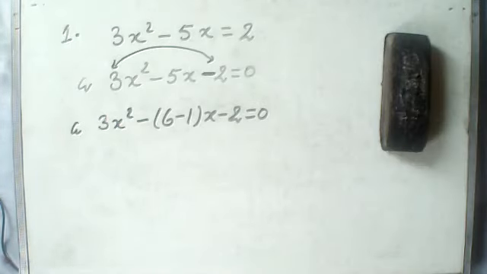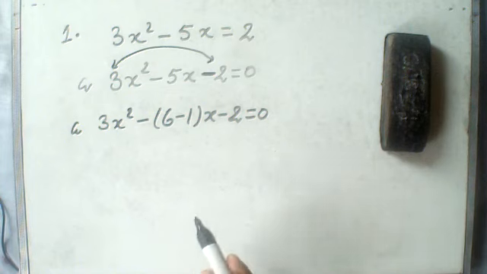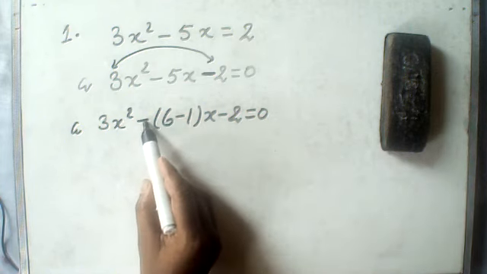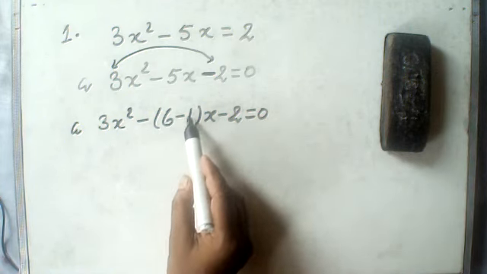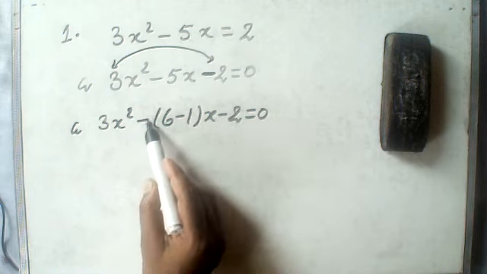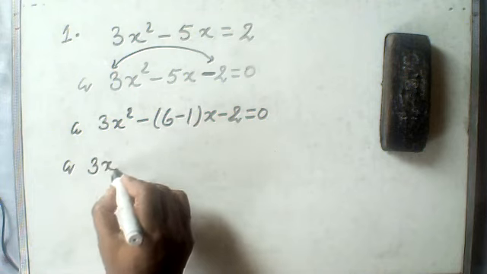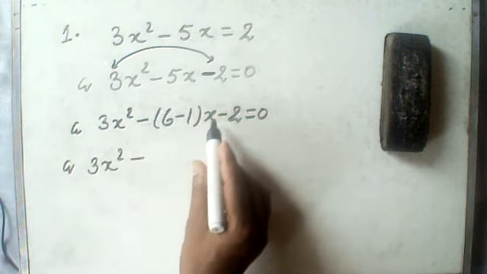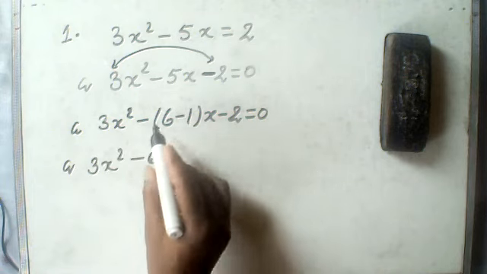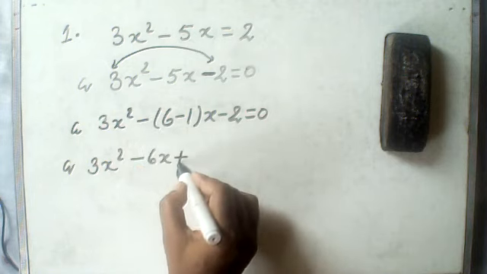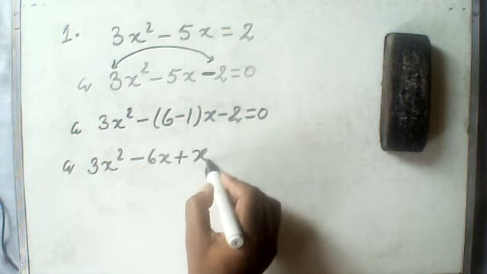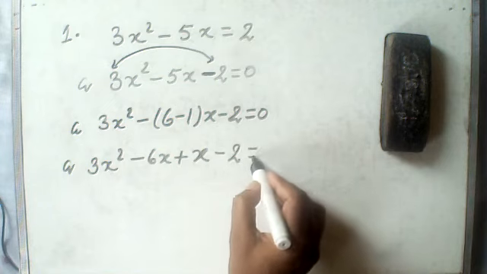Now remove the bracket. We multiply the minus by 6 as well as x, and by minus 1 and x. This becomes 3x square minus 6x, minus times minus gives plus, 1x, and minus 2 is equal to 0.